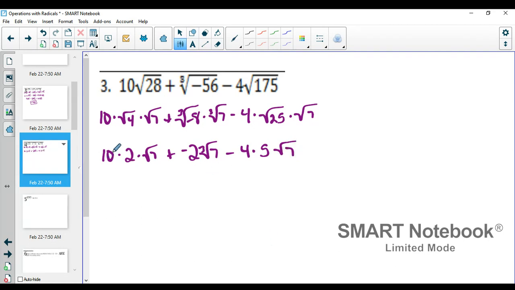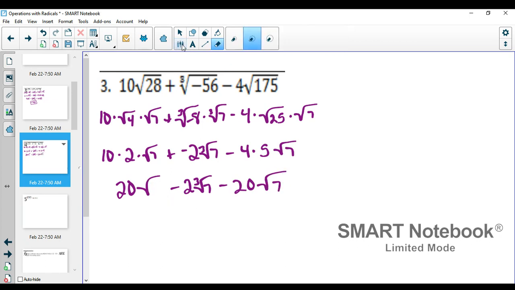Then we're going to go through and multiply. 10 times 2 is 20, so we have 20 square root of 7 minus 2 cube root of 7. And then 5 times 4 is 20, so minus 20 square root of 7. And I just realized I wrote a 3 in here instead of a 7.